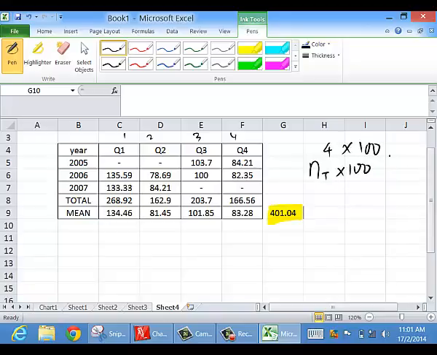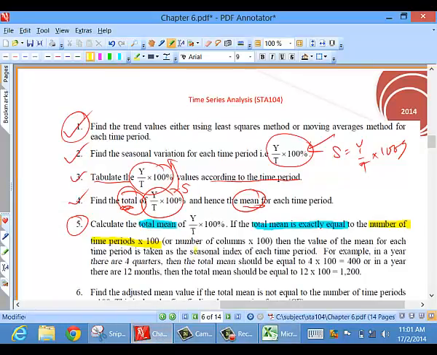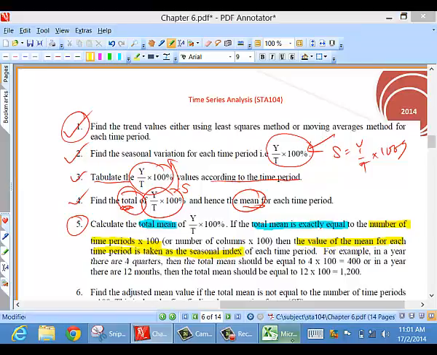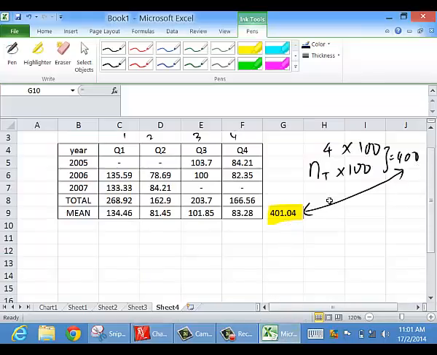So you will get 400. Right? Same? Not the same, right? So you read again. If the total mean is exactly equal to the number of time period multiplied with 100, then the value of mean for each time period is taken as seasonal index. So if this value and this value are equal, then this is your seasonal index.